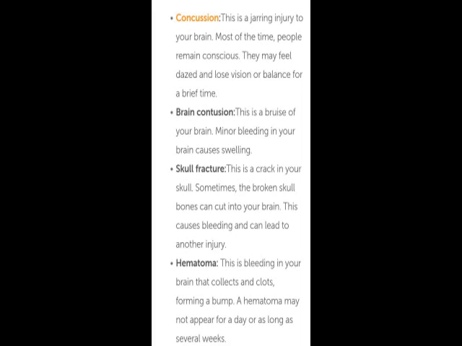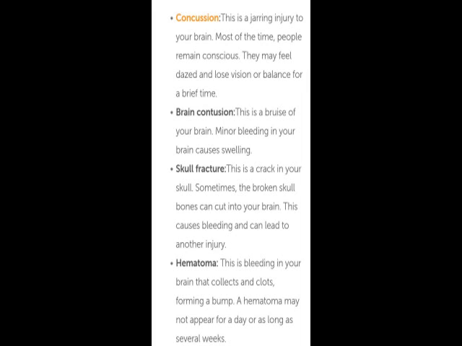Next one is the contusion. Contusion means it is a bruise to the brain. Bruise, ചതവ്, and it causes bleeding and swelling inside the brain. Next one is the skull fracture. That means it is a break in a bone surrounding the brain.